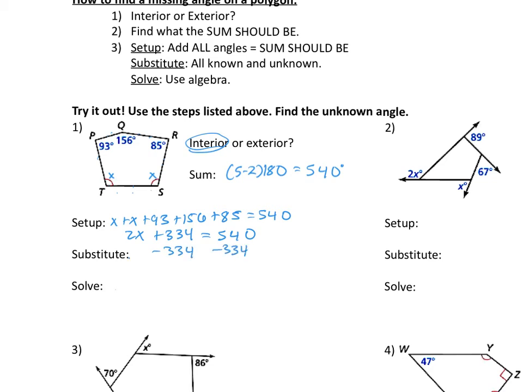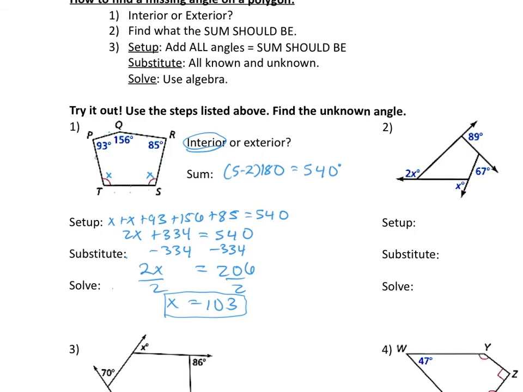I'm in the substitute and solve portion now. So then 2x must equal 206. Finally, I'm going to divide both sides by 2. x equals 103 degrees each. Like so.